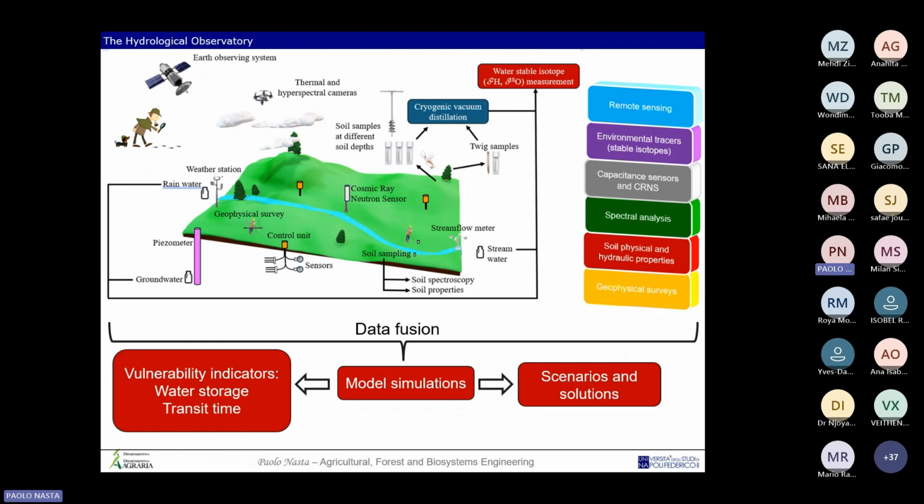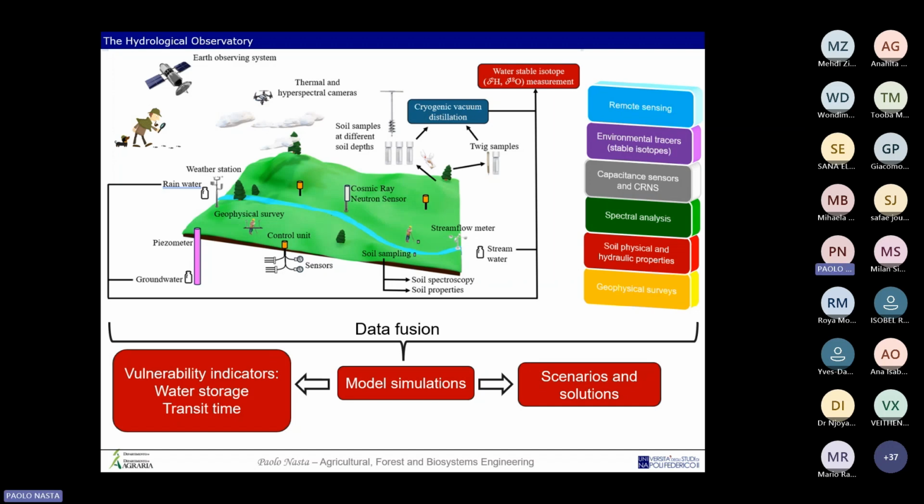So we have information on the vegetation and soil characteristics across the entire or almost entire critical zone. And then we try to carry out model simulations in order to do what? On one hand, we try to build vulnerability indicators that can be useful for the society, for the concerns of the stakeholders in the area of interest.